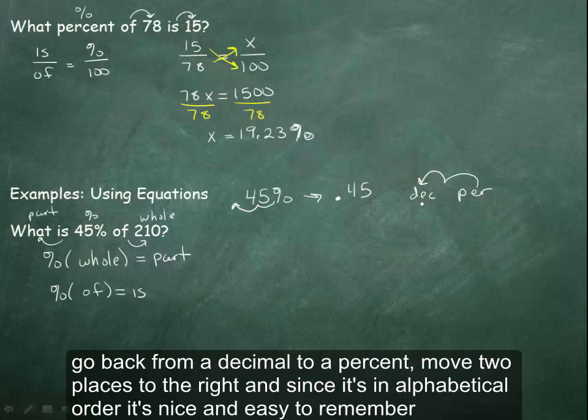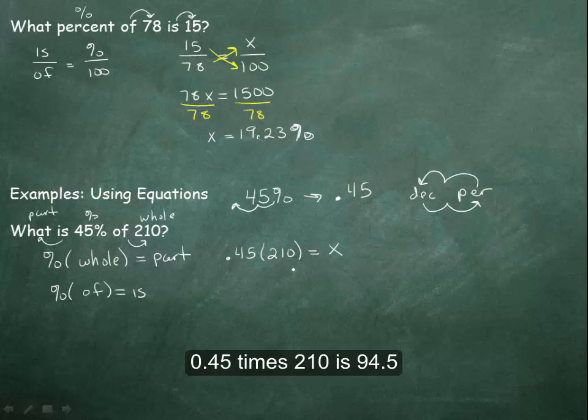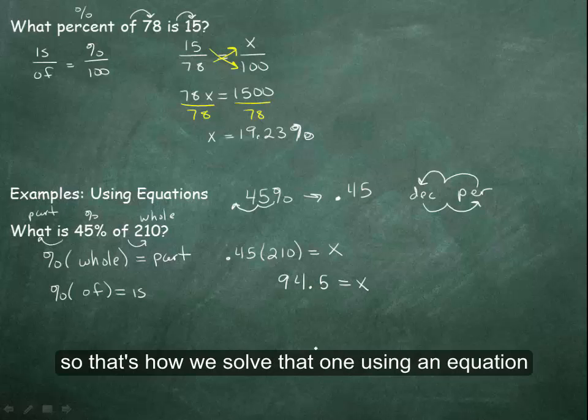To go back from a decimal to a percent, you'd move 2 places to the right. And since it's in alphabetical order, it's nice and easy to remember. So we're going to do 0.45 times 210 is equal to x. 0.45 times 210 is 94.5. So that's how we solve that one using an equation.